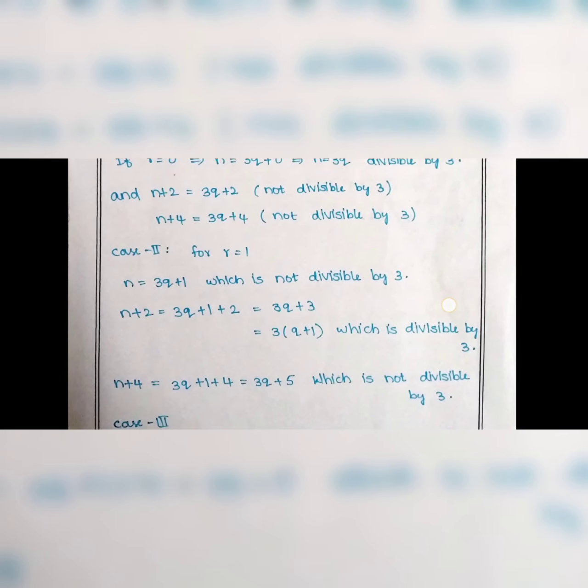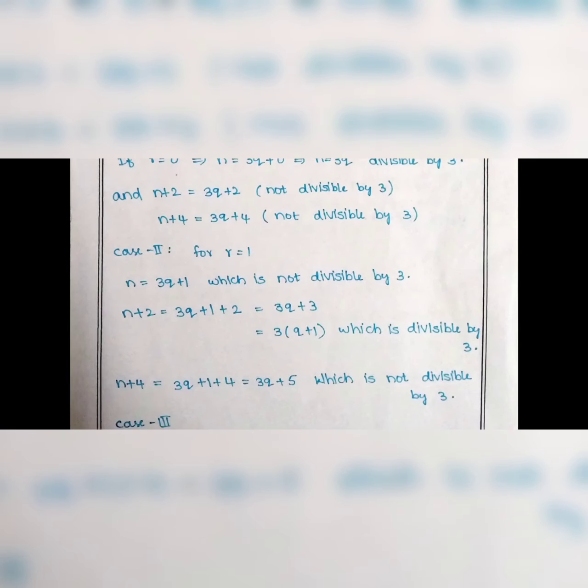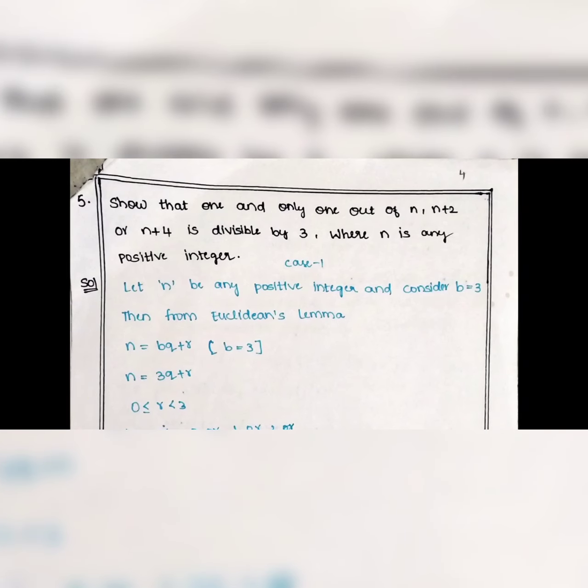In case 2, n plus 2 is divisible by 3. In case 3, n plus 4 is divisible by 3. So we have proved that only one out of n, n plus 2 or n plus 4 is divisible by 3, where n is any positive integer. Thank you.